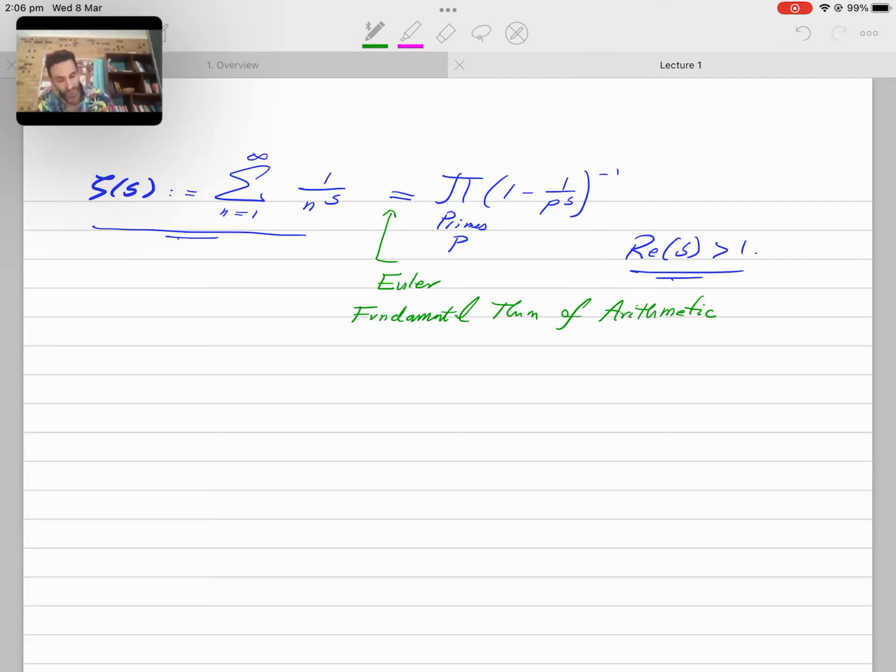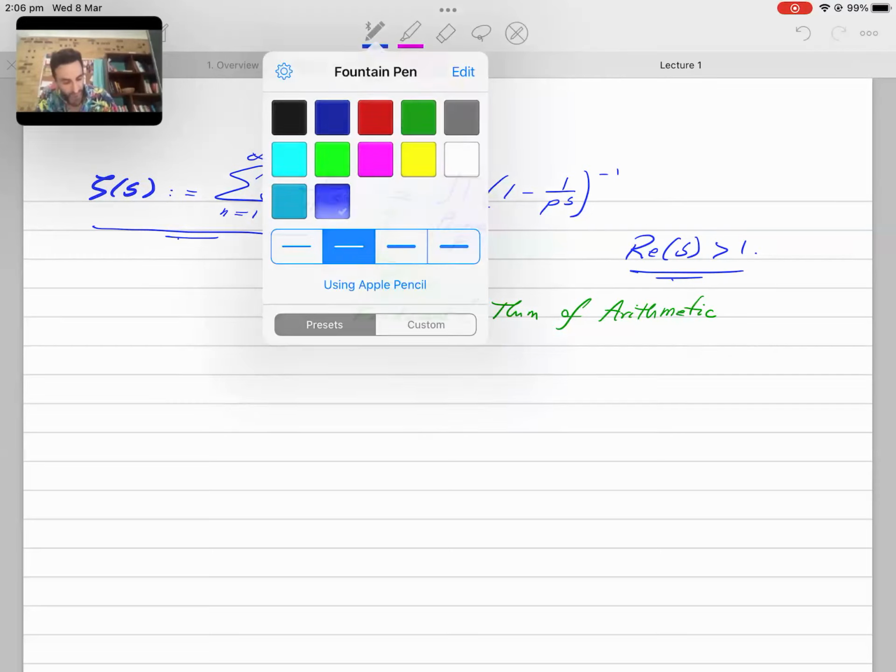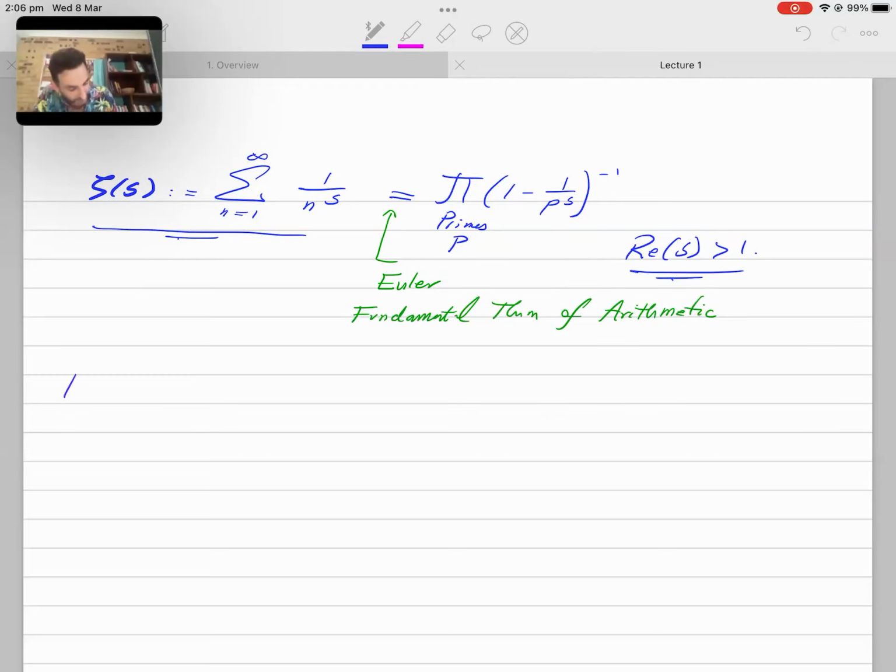And so let me write down Riemann's viewpoint, what I call the Riemann hypothesis package. So the Riemann hypothesis package goes like this.